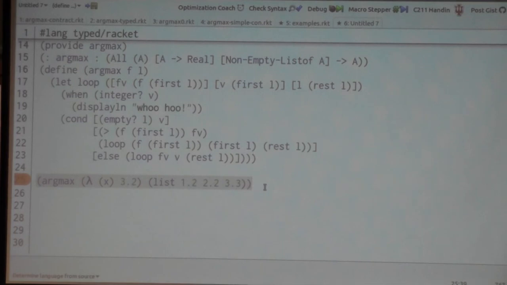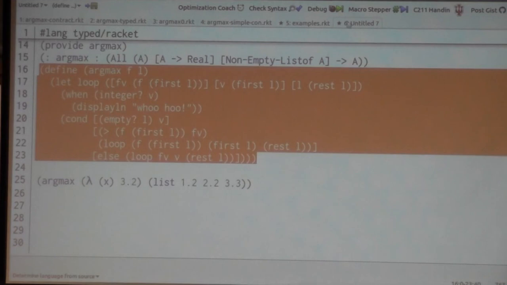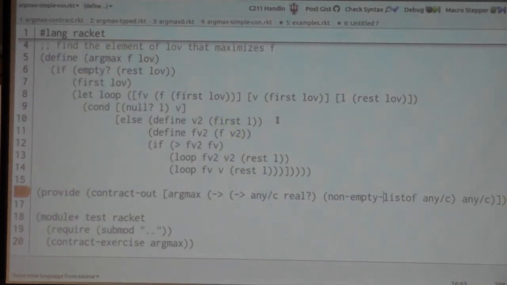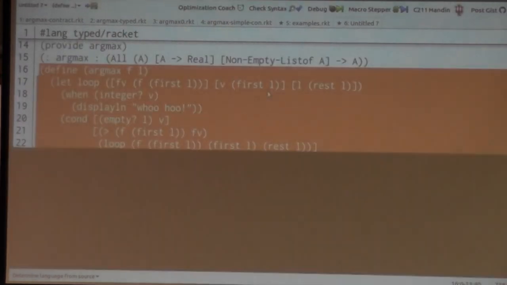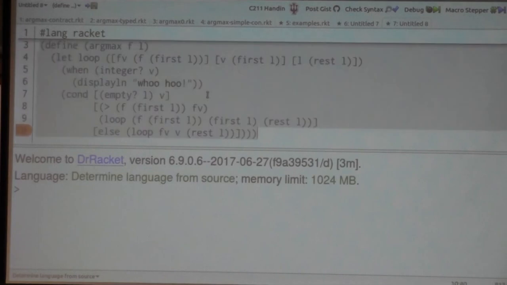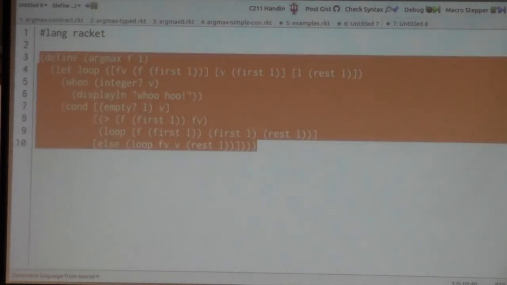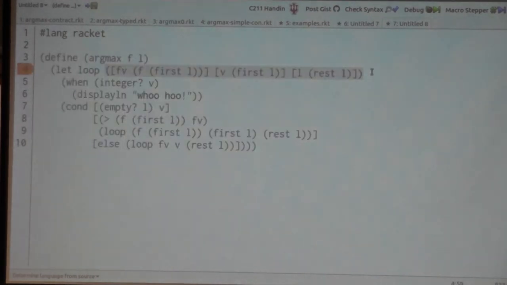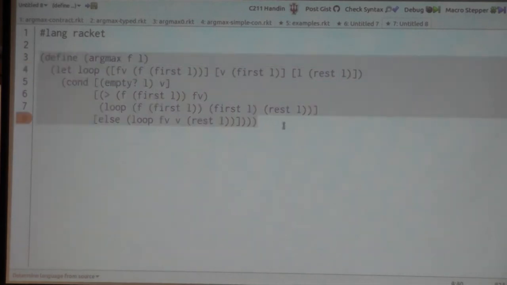Now I want to start looking at contracts. Here's Argmax again. I'll take out this bit. And now I want to start thinking about writing down some of those specifications in the form of contracts.